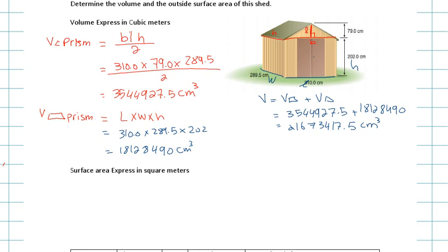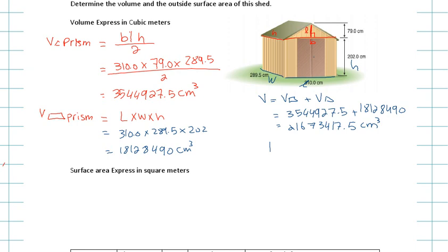You see that? So that means divide by 100. Every 1 meter is equal to 100 centimeters.